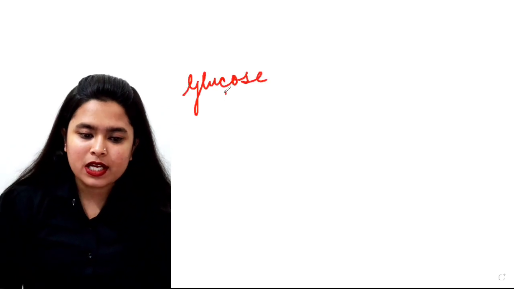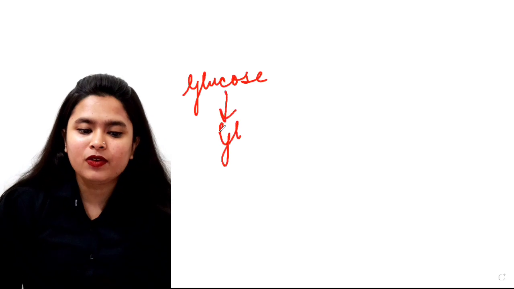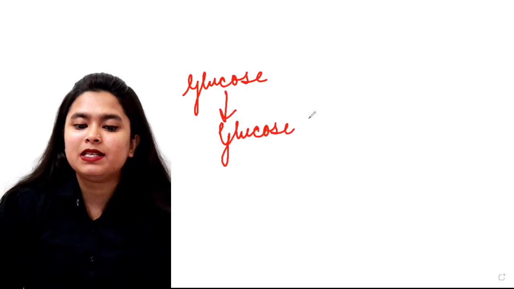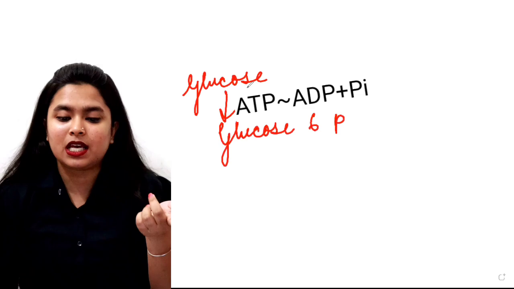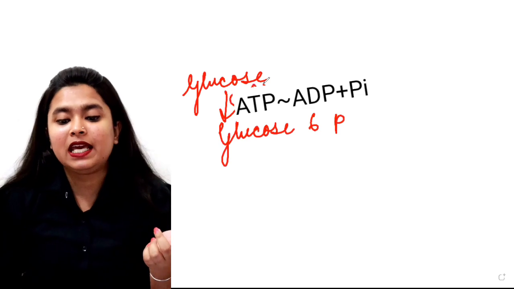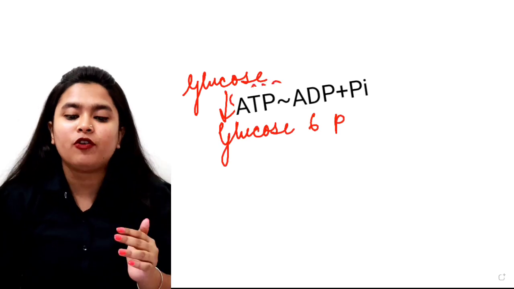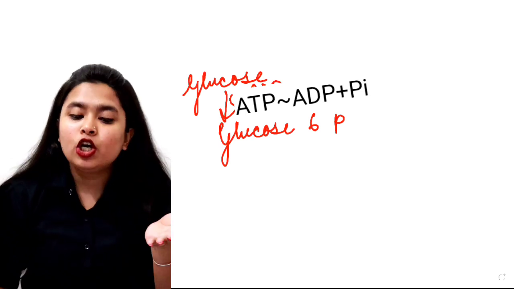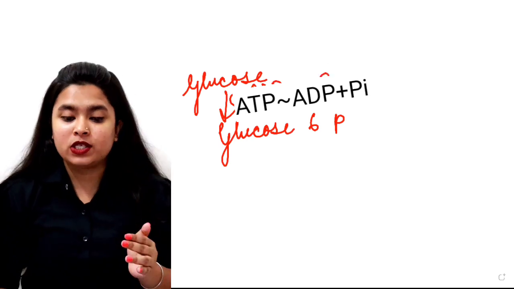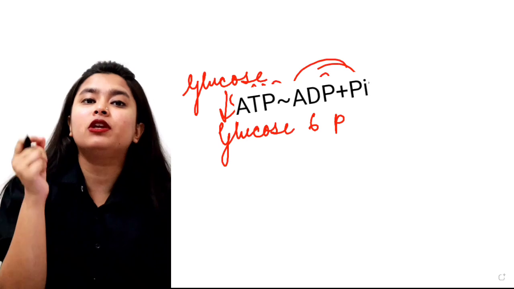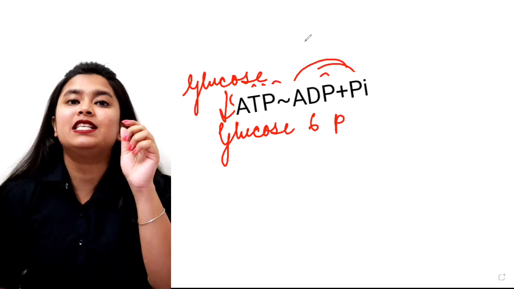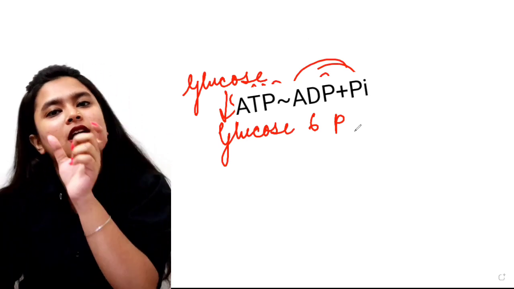So the first step is glucose being converted into glucose 6-phosphate, and here we are providing the ATP. That means energy is provided in this step and we are gaining ADP out of it. One phosphate has been given to the glucose, and that's why in the 6-carbon compound the phosphate is added. That's why the name is glucose 6-phosphate.